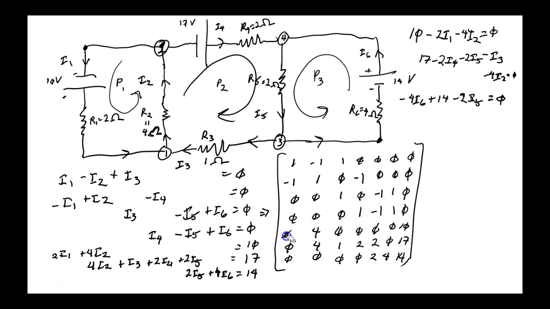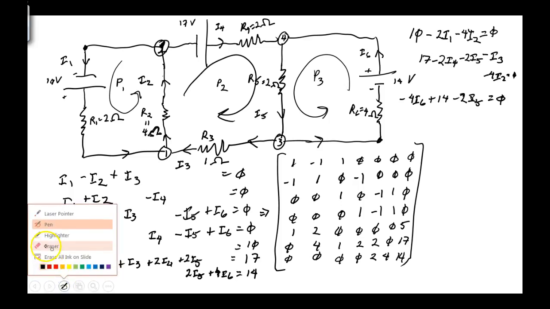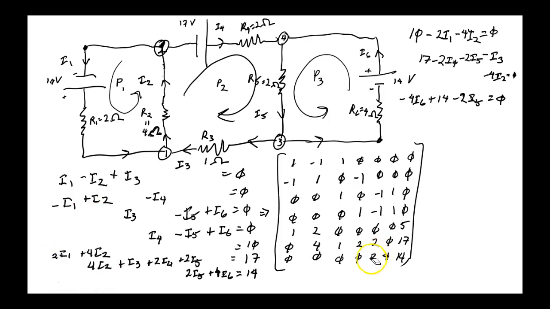Okay, it's hard enough to erase. 1, 2, 5. And the last one will become a 1, 2, 7. Okay.